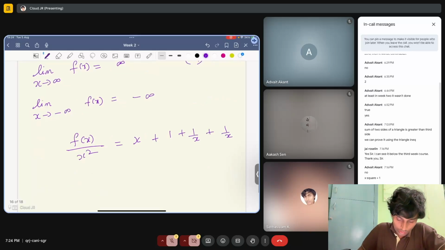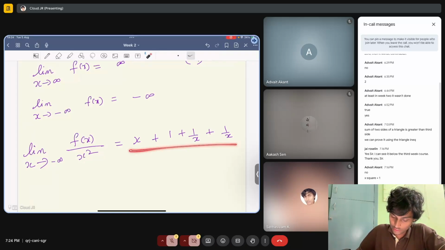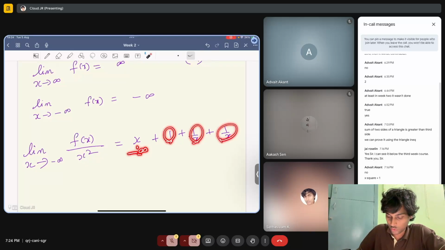Now you apply a limit here. You apply the limit as x goes to minus infinity. Here you can observe clearly that x goes to minus infinity, and the 1 does not matter because minus infinity plus 1 is just minus infinity. And these two terms, 1 by x and 1 by x square, go to 0.